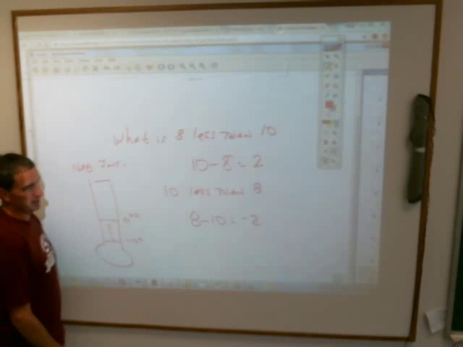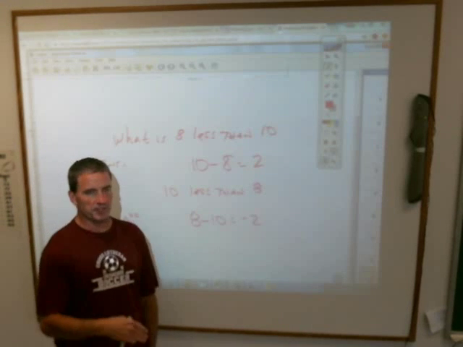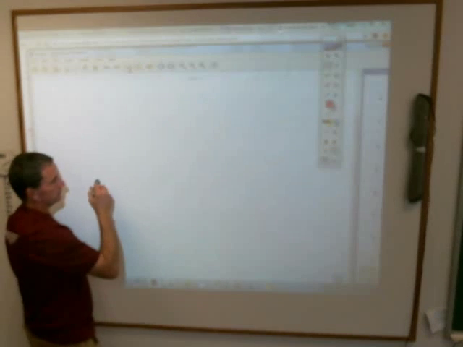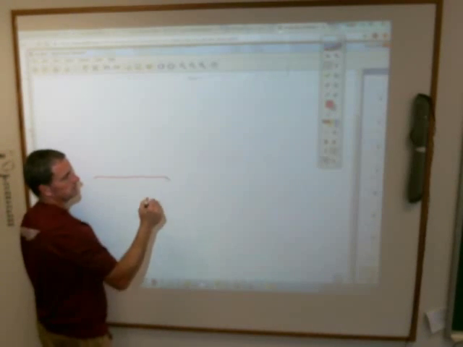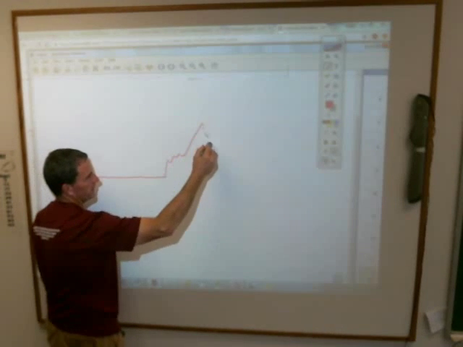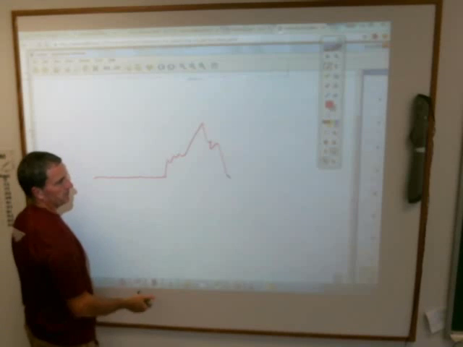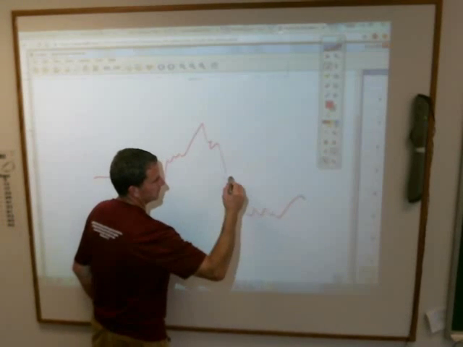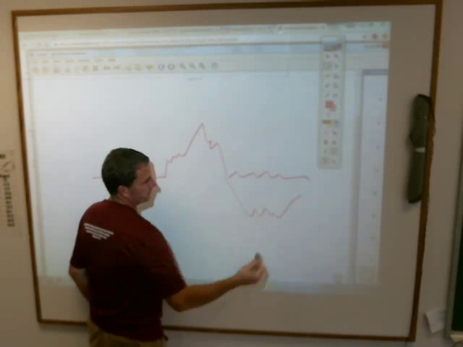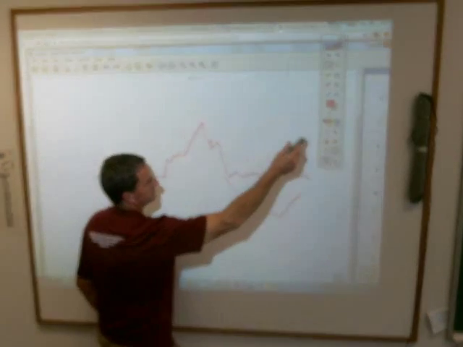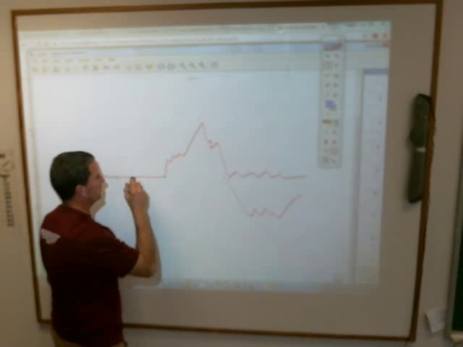Another thing we use is when we talk about things being above or below sea level. Water is at a certain level. Mountains are above sea level, but the bottom of the ocean floor is below sea level. So sea level we call 0.